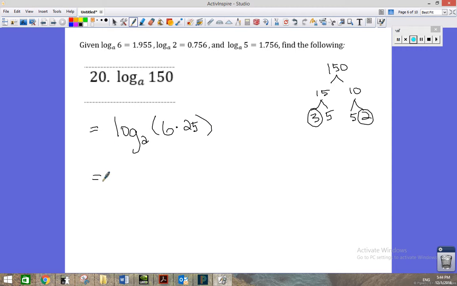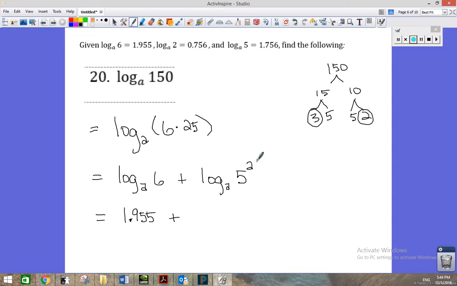Now, I can write this as the sum of two logs, log base a of 6 plus log base a of 25. But remember, I can write 25 as 5 squared. So this log base a of 6, they've already told me to replace with 1.955.